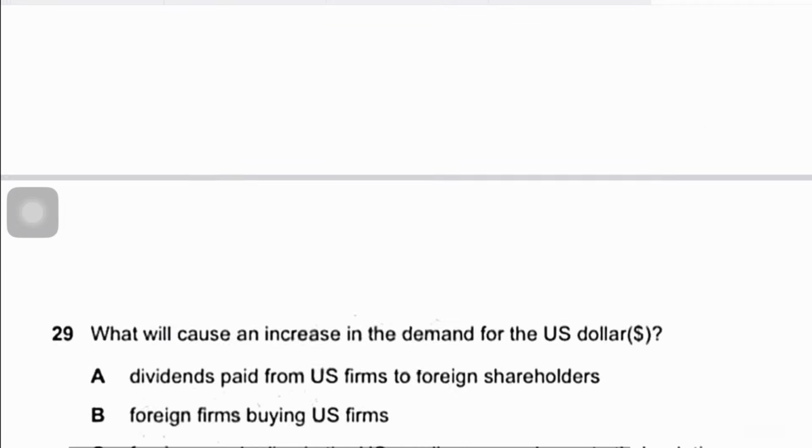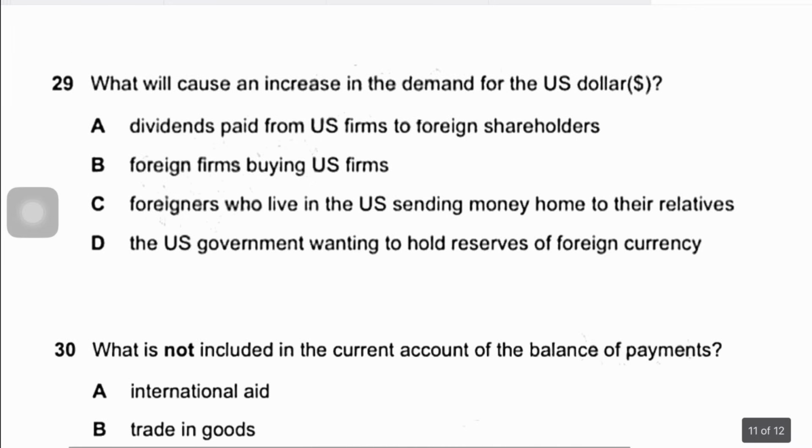The next question, question number 29, says what will cause an increase in the demand for US dollars? The first option says dividends paid from US firms to foreign shareholders. When US firms pay dividends to foreign shareholders, the foreign shareholders will obviously convert the dividends into their own currency, which means selling the US dollar. So this is not increasing the demand for US dollars.